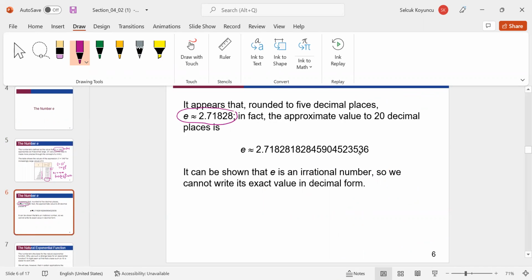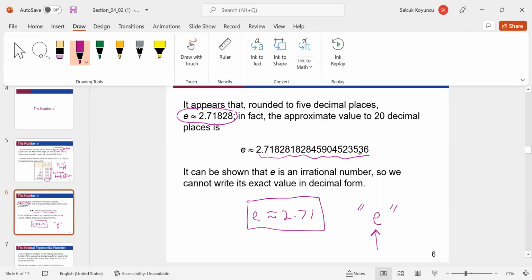This is also a key on your calculator. If you look at your calculator, you'll see this letter e, and you press on this, and you will see that you get such a number. I'm not sure if the calculator will show you all these digits, probably not all of them, but some of them at least. Most of the time we just round e to 2.71.